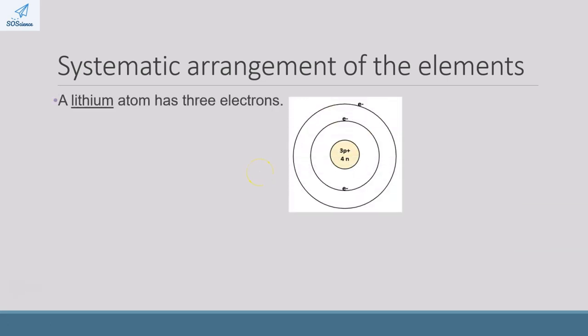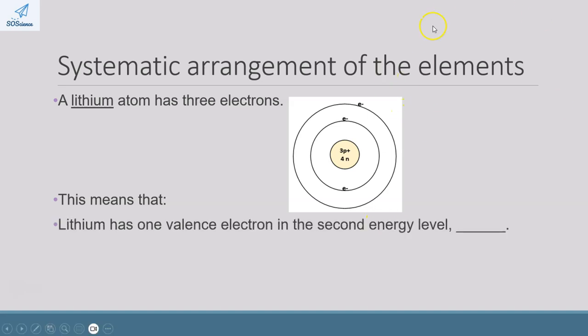Now, hydrogen's a bit of an anomaly. The other atoms can't just either gain or lose an electron. So you will see that all the others don't behave in the same way as hydrogen. So lithium has 3 electrons. What we can see is that its first energy level, n equals 1, is full, and in its second energy level, it has 1 electron.